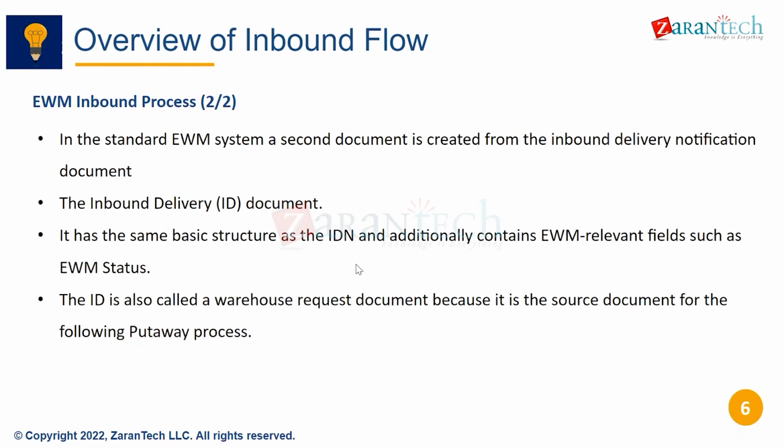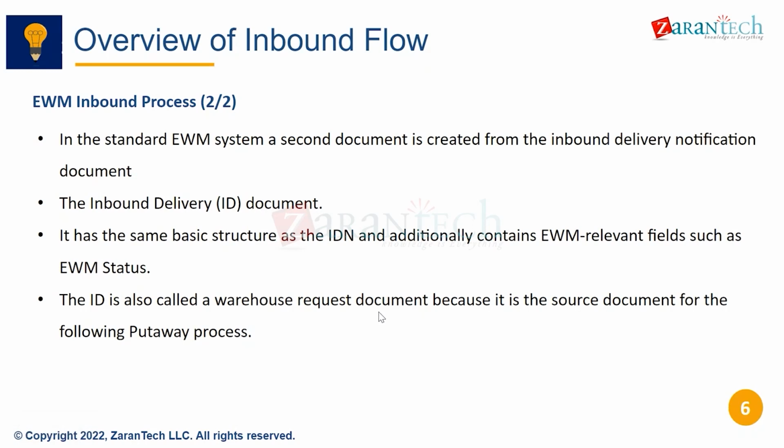Till that time, the completion status of that document will be in the partially completed status. I will show you in the system what I'm talking about, the partially complete status and that warehouse activity status. By seeing that, you will get to know whether the final putaway is done or not.